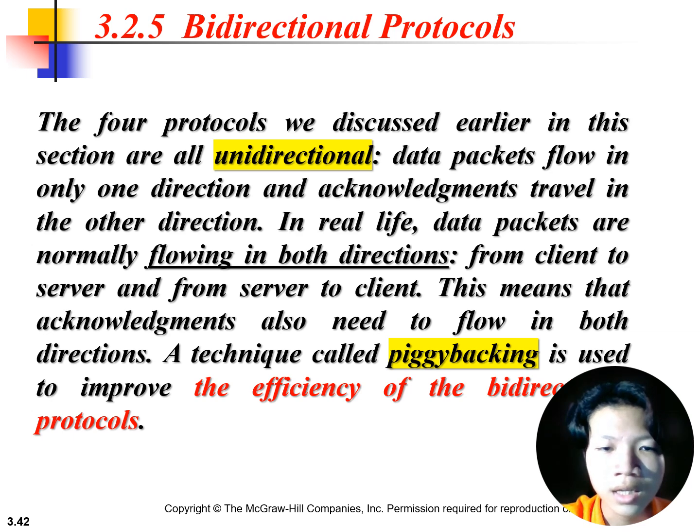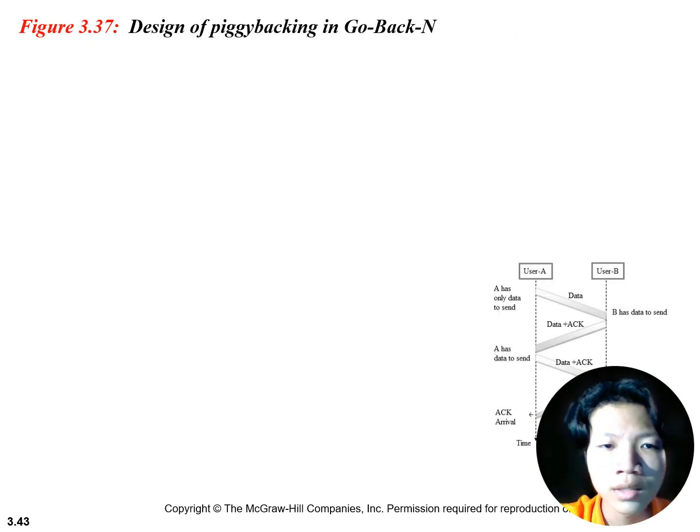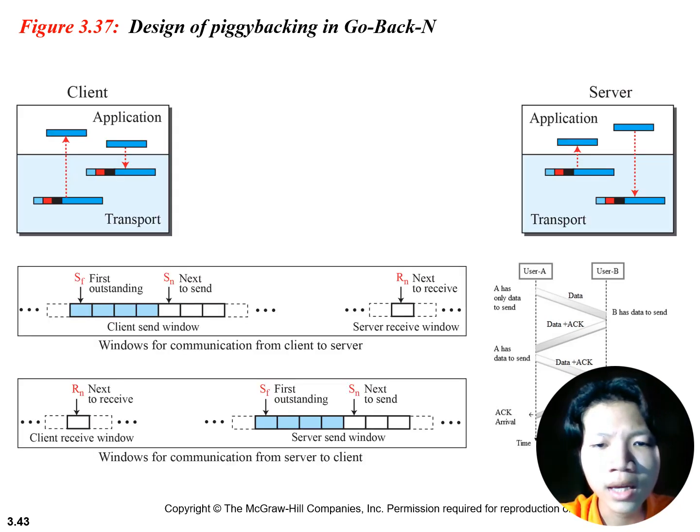This means that acknowledgements also need to flow in both directions. A technique called piggybacking is used to improve the efficiency of bidirectional protocols. Here is the design of piggybacking in Go-Back-N.